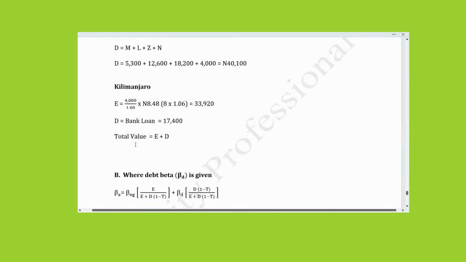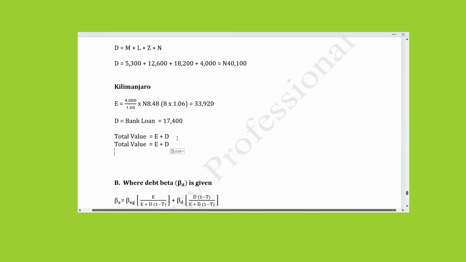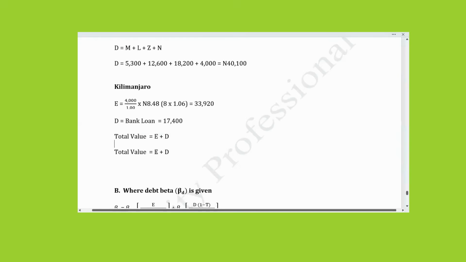So that when I'm calculating my WACC, I don't need to be doing it one by one, since I already have the total. So the total value would then be value of equity, which is 33,920, plus value of the debts, 17,400. When you add the two together, that will give us 51,320. All right, so that's total value.